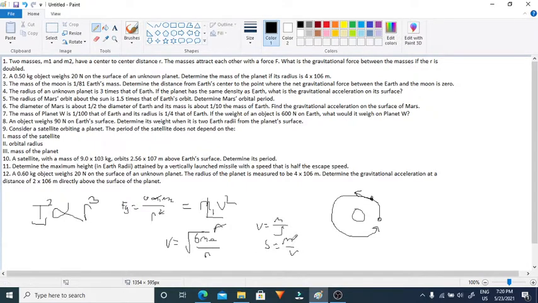So what's the term for meters? Well, it's just going to be the circumference of this orbit, which is 2 pi r. So that means our period is going to equal 2 pi r over our velocity, which is G M E over r, square rooted.